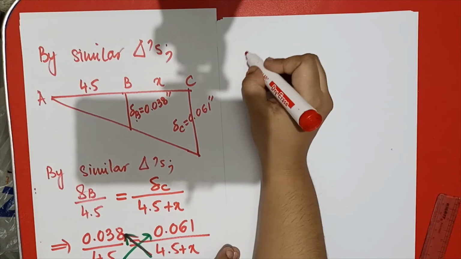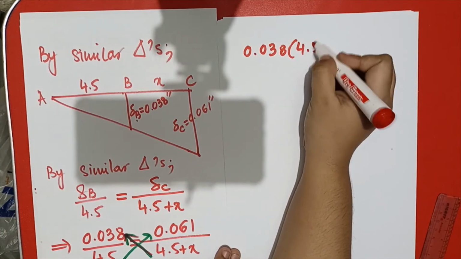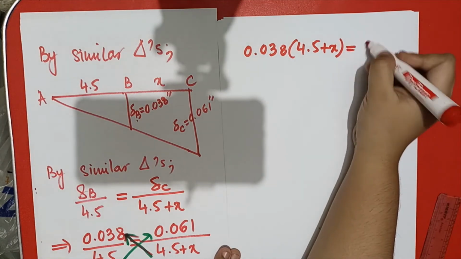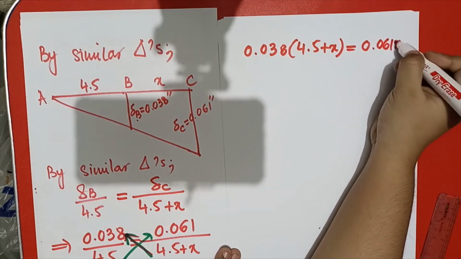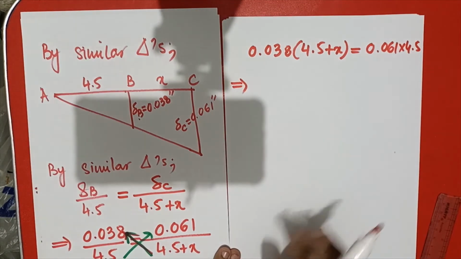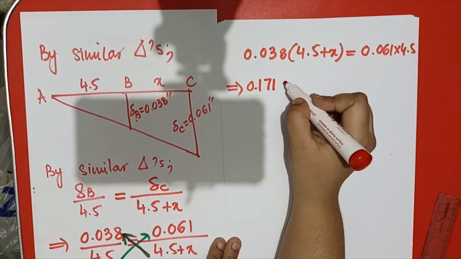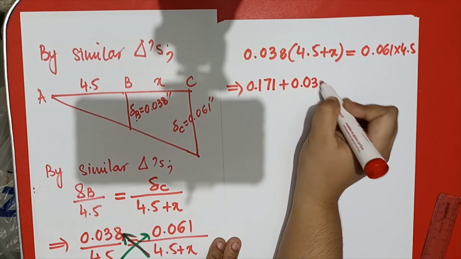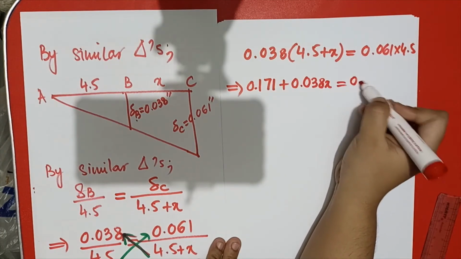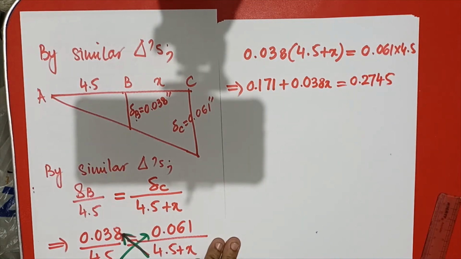So 0.038 multiplied by 4.5 plus x is equal to 0.061 multiplied by 4.5. When you multiply it, it becomes 0.171 plus 0.038x equals 0.2745.